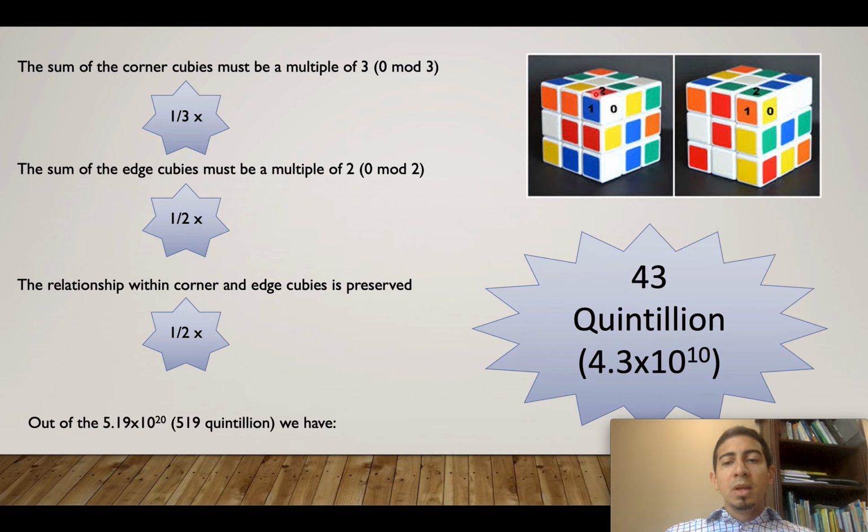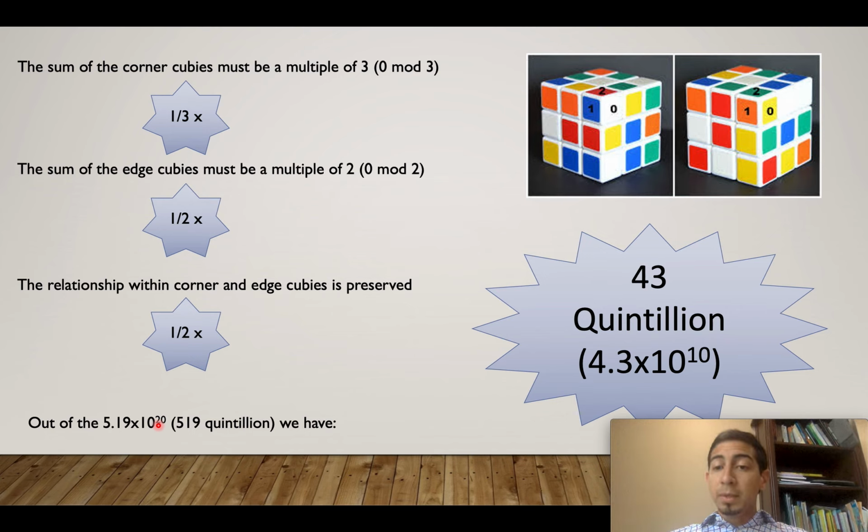So out of the 519 quintillion, out of the 43 quintillion, no, I got it wrong here, sorry. Out of the 5.19 times 10 to the 20, so 519 quintillion configurations of the Rubik's Cube, only 1/12 of them can be solved, because a third of them have the right numbers in the corners, half of them have the right numbers in the edges, and half of them have the same parity of the permutation of the corner cubies and the edge cubies.